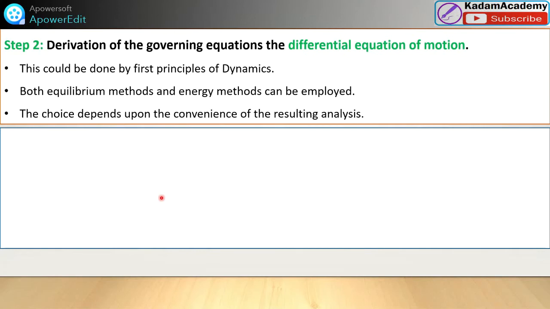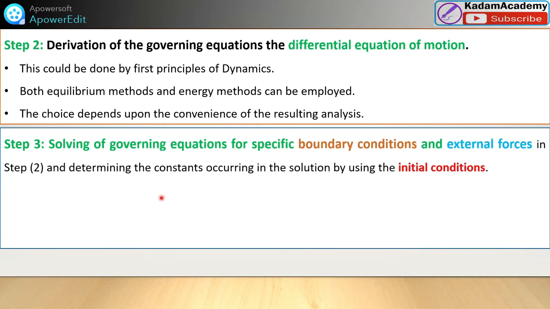Suppose in a discrete system, that equation becomes an ordinary differential equation, or in a continuous system, that equation becomes a partial differential equation. Under deriving this governing equation of motion, various approaches we can use: the energy method, or the FBD or equilibrium method we can utilize.